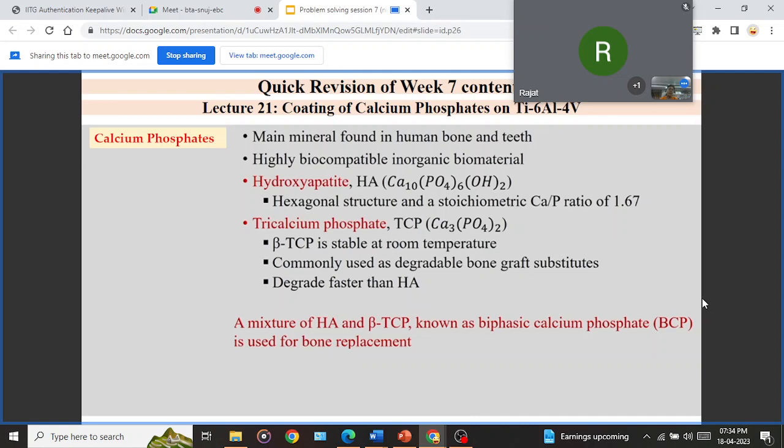So if we want the properties of the implant to be degradable, we mostly use tricalcium phosphate instead of hydroxyapatite. A mixture of hydroxyapatite and beta TCP is known as biphasic calcium phosphate, that is BCP, and is mostly used for bone replacement.